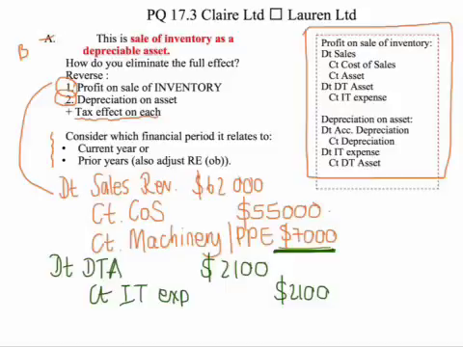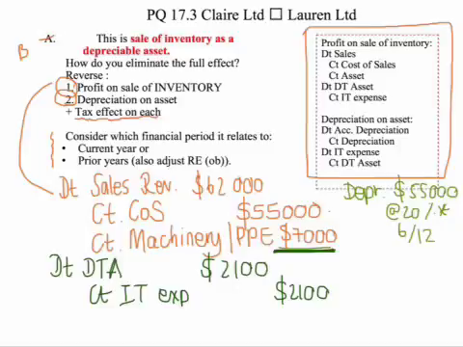So from a group perspective, depreciation should have been calculated on $55,000 at 20% for half a year, so the depreciation expense for the year should be $5,500. Okay, so that's for the group.